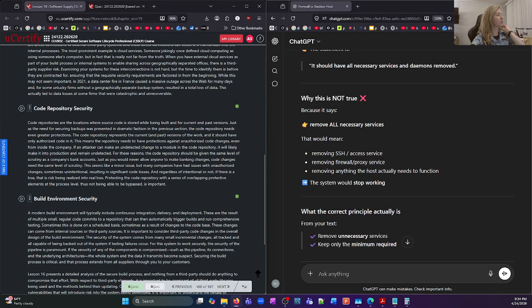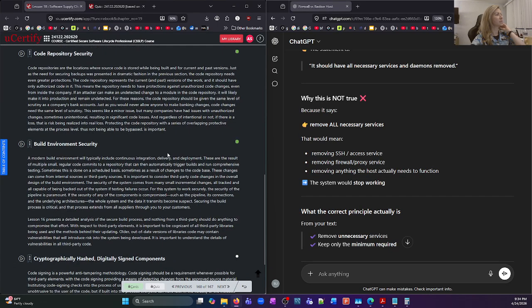Code repository security. Code repositories are the locations where secure source code is stored while being built, and for current and past versions, just as with the need for securing backups. The code repository needs even greater protections.